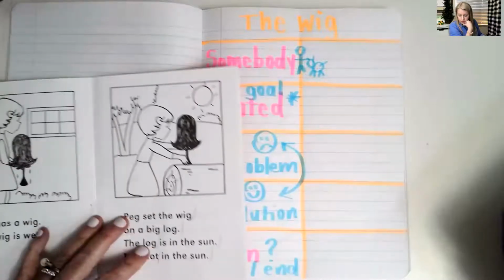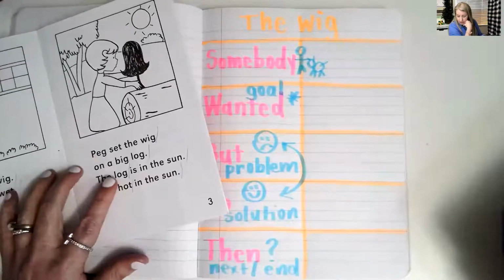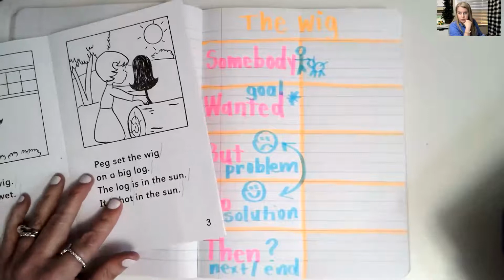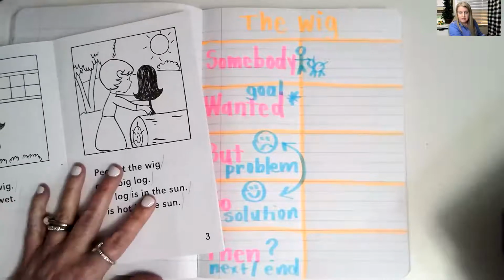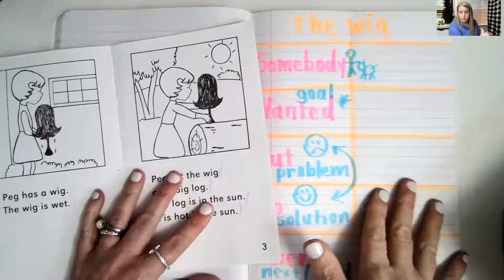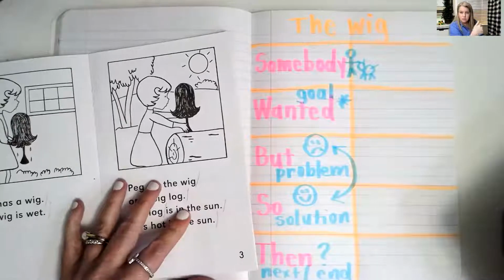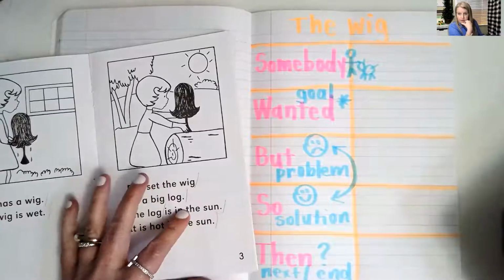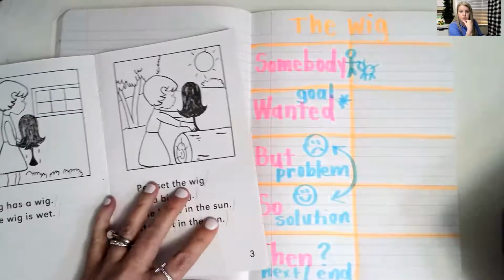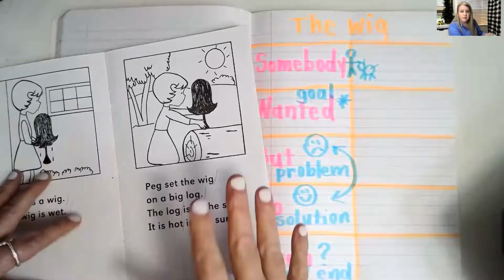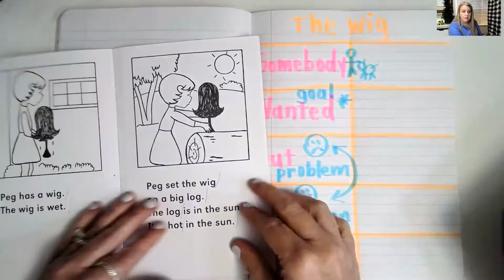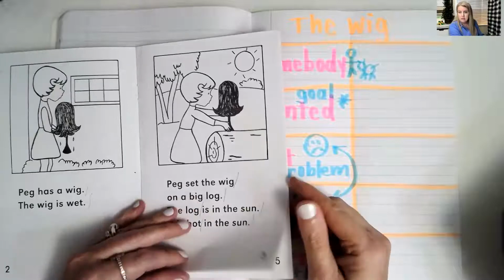So which one would we want to write about? Some of them had problems, some of them wanted something. Which one do we want to write about that wants something? Who wanted something? Well, let's see.